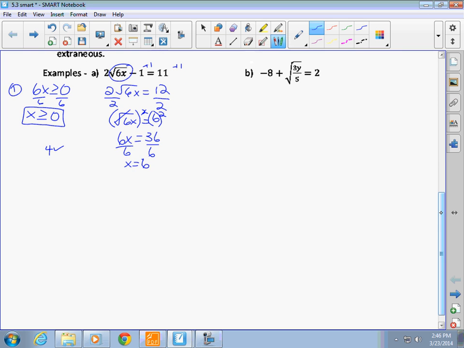So to do that, I have to go back to my original equation, and I do a left side, right side check. So 2 square root 6x minus 1 is my left side of the equation. My right side is 11. So then I just substitute and solve. So this is my check: 2 times the square root of 6 times 6 minus 1.